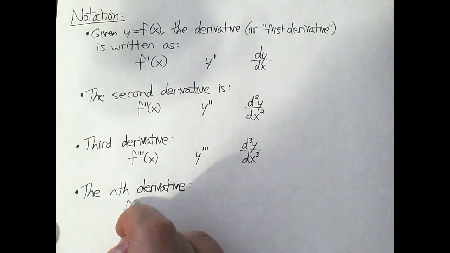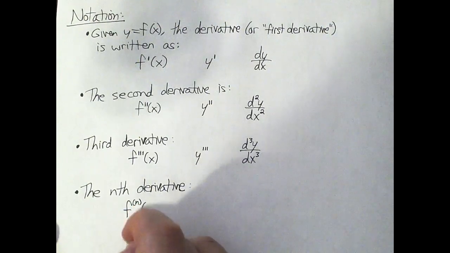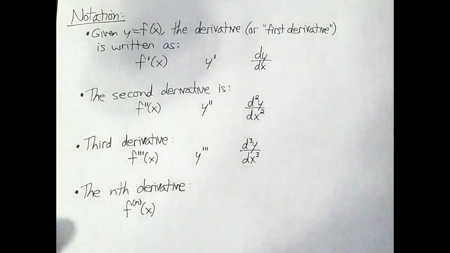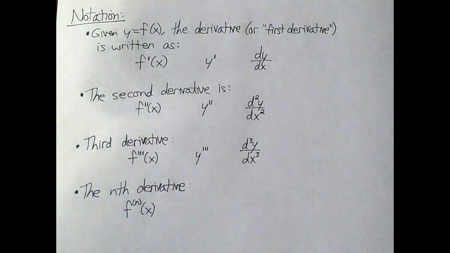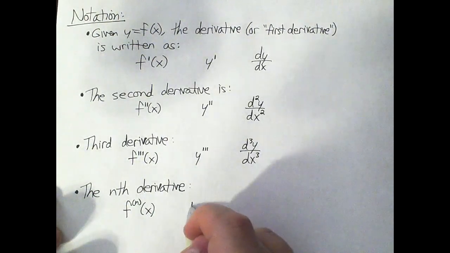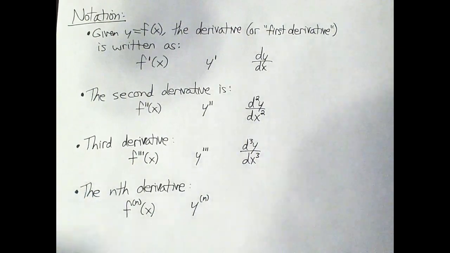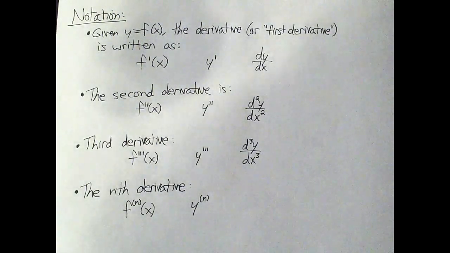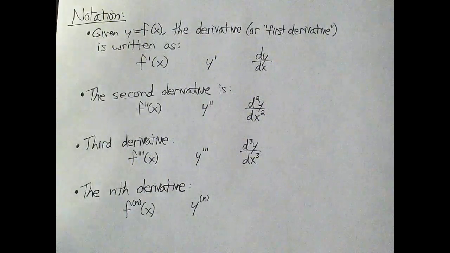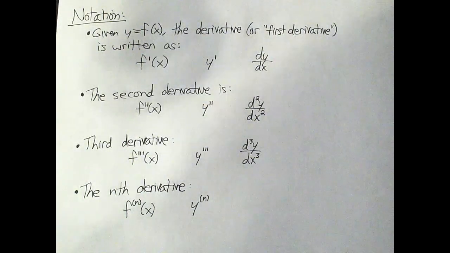We write f parentheses n of x, or y parentheses n, where the parentheses n is kind of up there. It looks like an exponent. I want to emphasize to you that it's technically not an exponent. We're not raising it to the power of n. But I like this notation because it's a nice short way to say that we're taking the derivative n times.